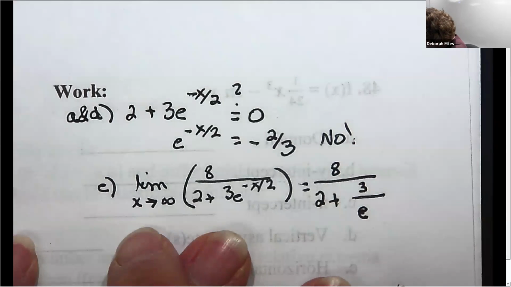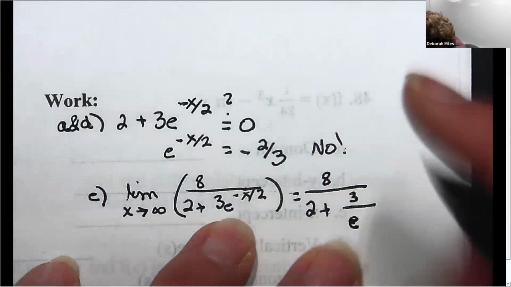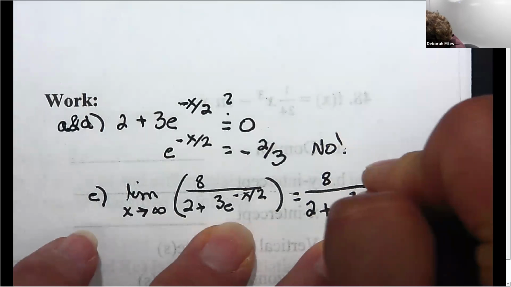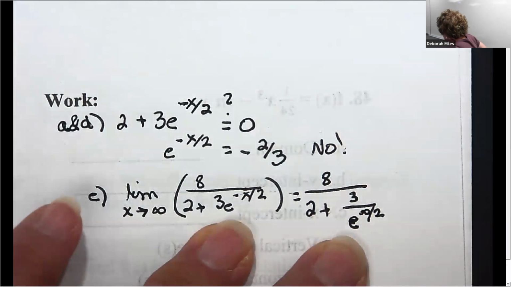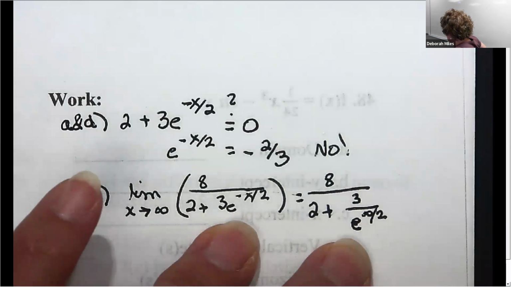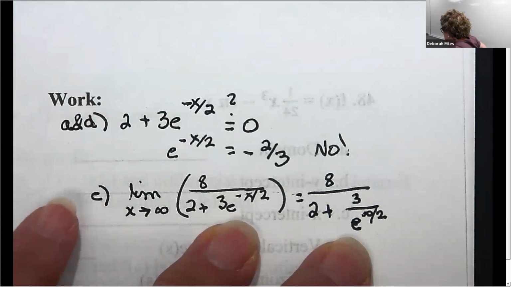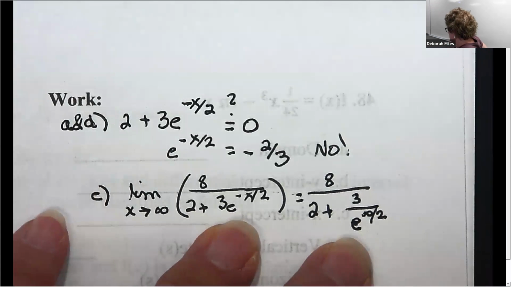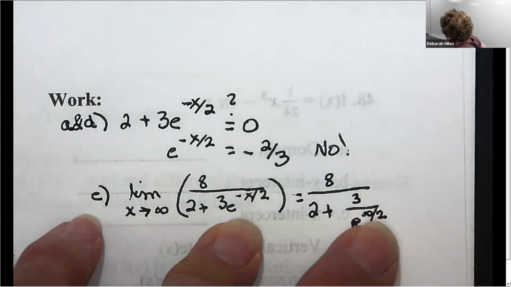Because we're putting in a positive infinity, and then we're bringing the e to the x over 2 to the denominator. So what's that? E to the, it doesn't matter if you half infinity or not, it's still getting infinitely huge.